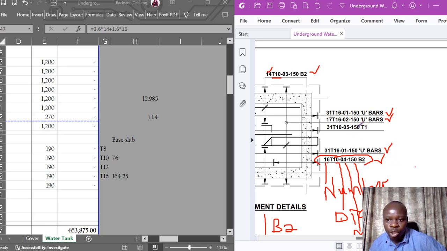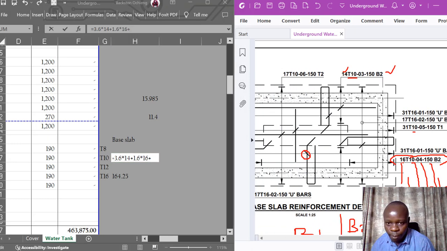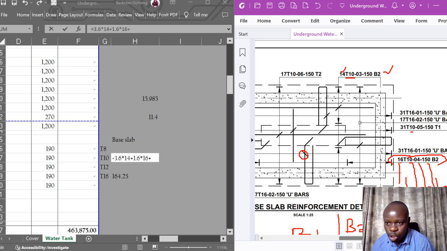I'm going straight to bar mark 5. Bar mark 5 is of T10 in size, so I will add that particular dimension to my summations for length for the bar mark D10. Let me proceed. I get the length by following the arrow.